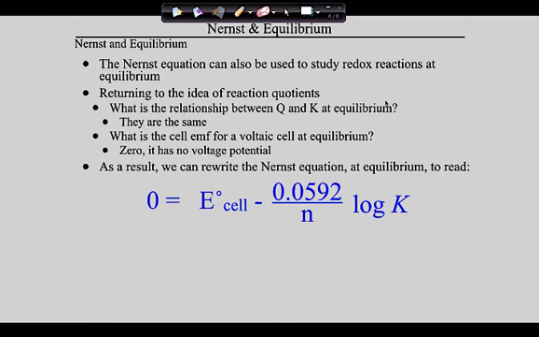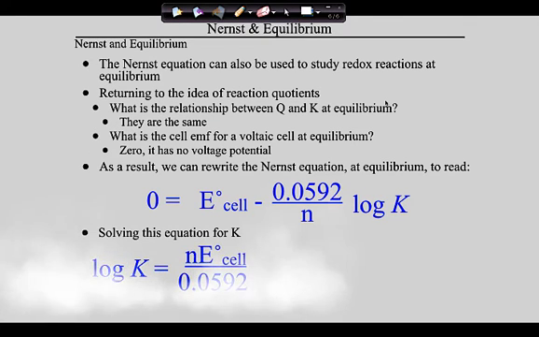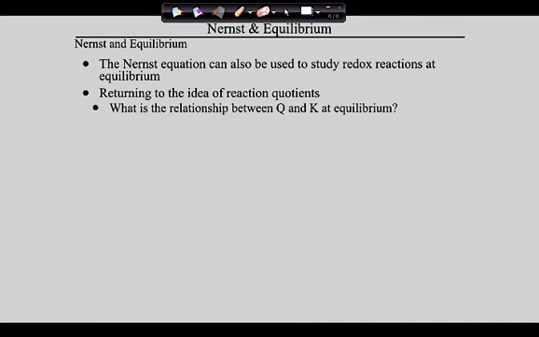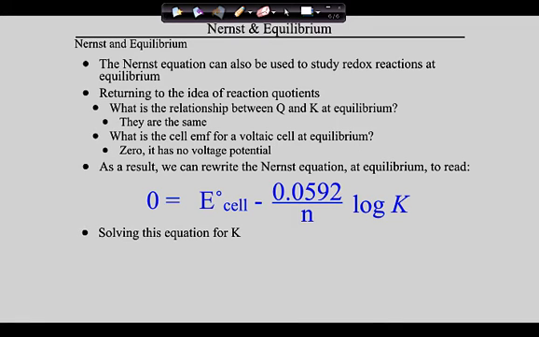Now, guys, at this point we can take this equation and solve it for the log of K. And when we solve it for K, this is what we get.